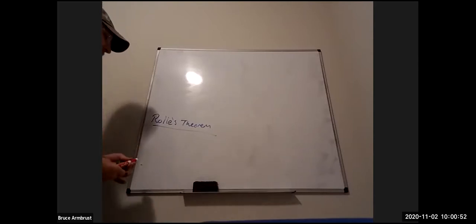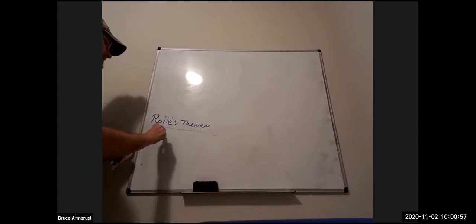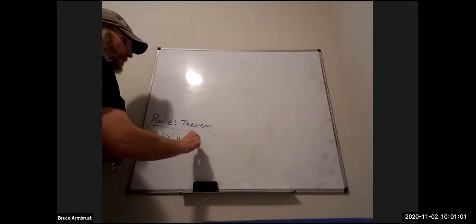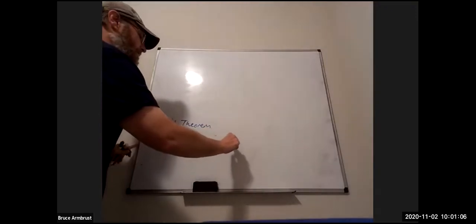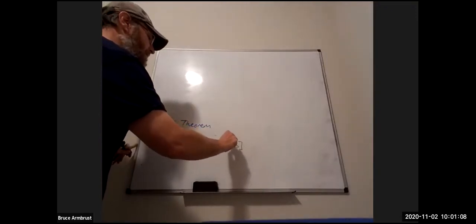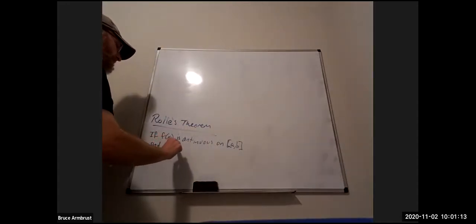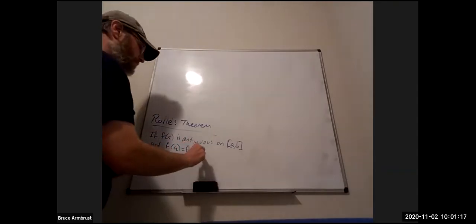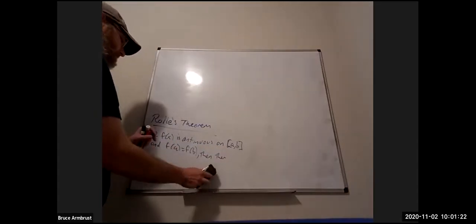It says if f of x is continuous on a closed interval AB, and f of A equals f of B, then, let's see. Oh, I need one more thing. So it's continuous on AB, I'm sorry.